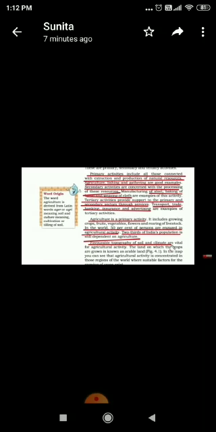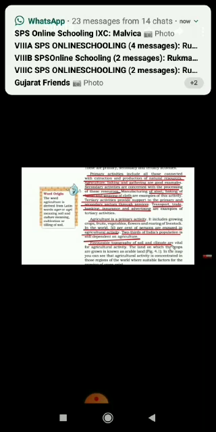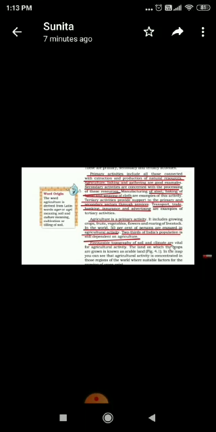Second one is the secondary activity. Secondary activity is actually the manufacturing sector, in which the things which we get from nature and which are not directly consumed by us have to be processed in factories and industries.